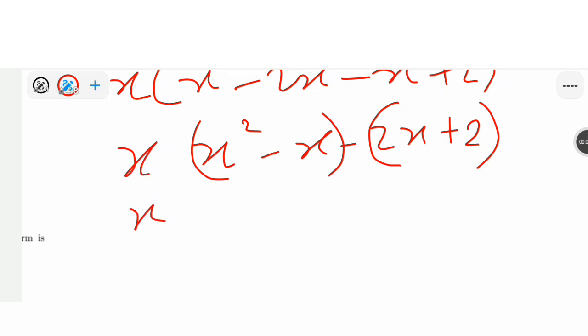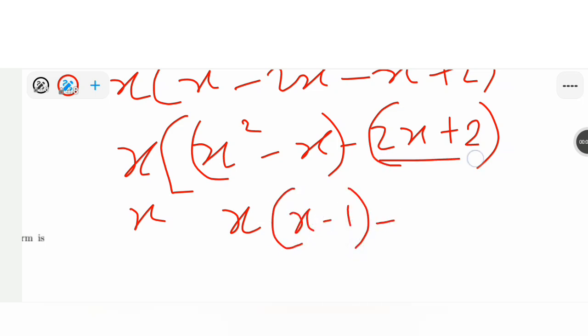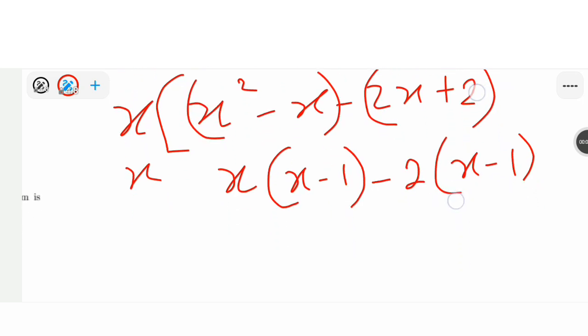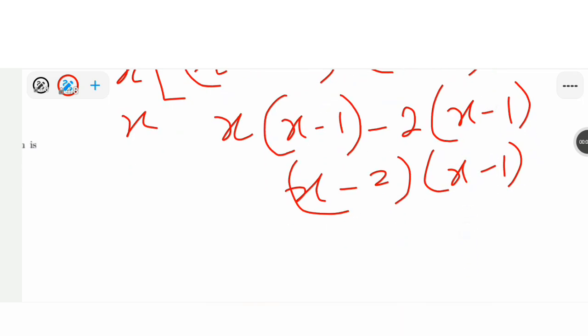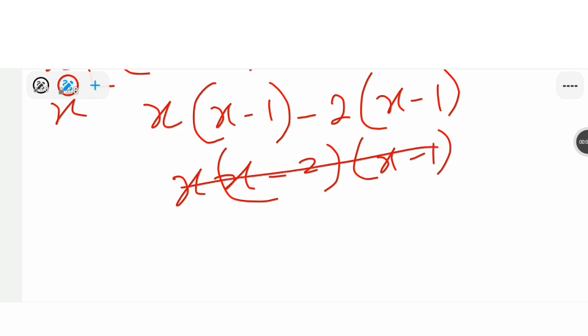So x is common here. Bring your x out. That will give you x minus 1. Minus 2 is common here. Bring your 2 out, x minus 1. So if you factorize this, you get x minus 2, x minus 1. But there's an x outside originally, don't forget. So you have these three factors, the three of them equal to 0, so you're going to have three answers.